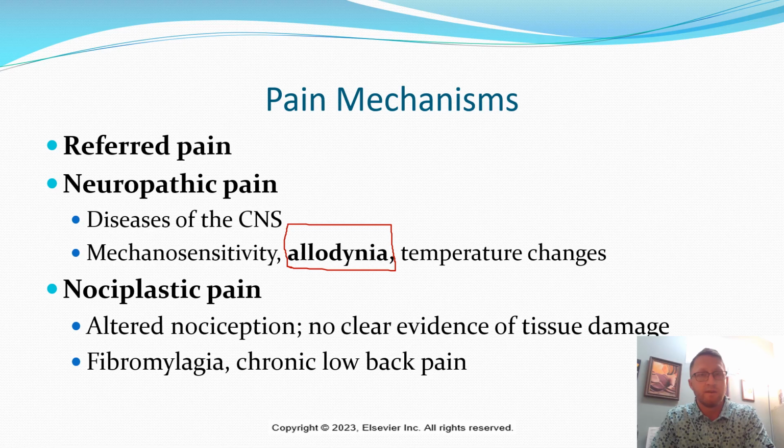Hyperalgesia is the perception, like first of all, you're getting an input that is noxious, like we used our tattoo example, right? That's a noxious stimulus. I don't think anybody would disagree with that, but most people can tolerate it, okay? Hyperalgesia, they're experiencing this heightened perception of what is normally noxious. So you step on a Lego, that's a pretty noxious stimulus. For the person with hyperalgesia, they're going to think they stepped on a thumbtack. It's going to feel more painful than it should.